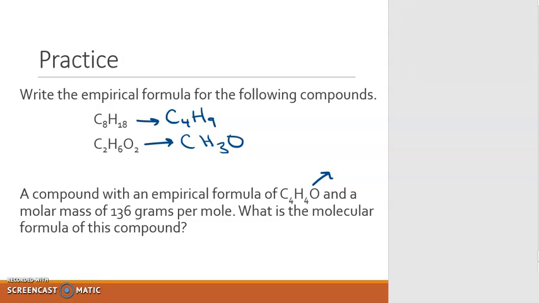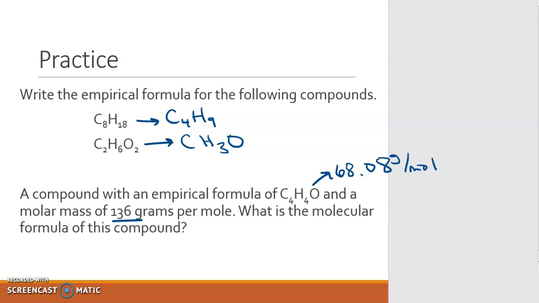So 4 carbons times 12.0401, plus 4 hydrogens, so 1.01 times 4, and then plus the mass of 1 oxygen. The molar mass for this compound right here is 68.08 grams per mole.